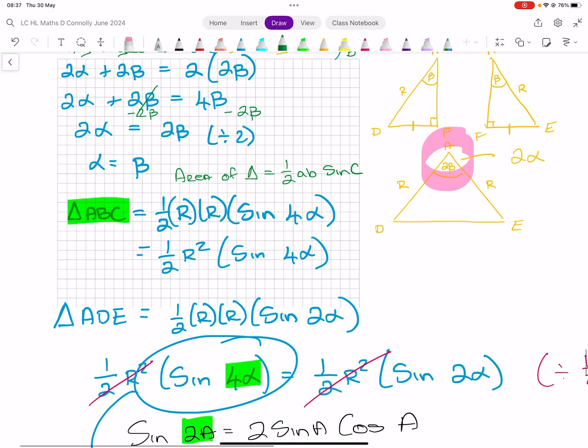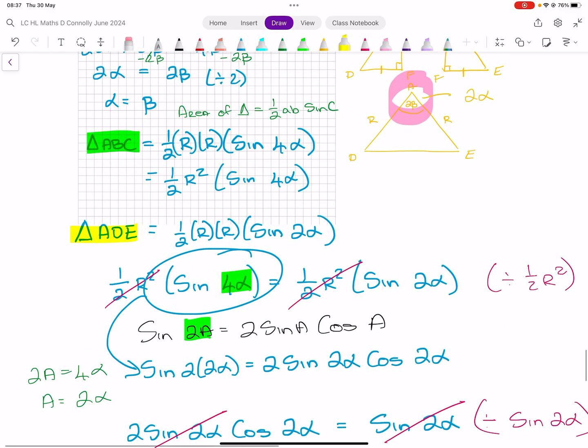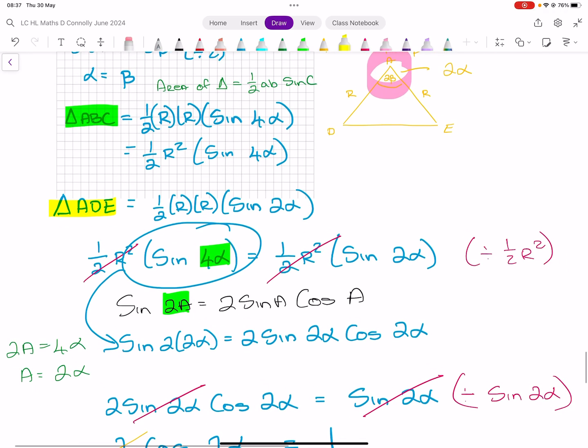And then I just simplified. And then same for the yellow triangle, a half r squared times the sine of 2 alpha. According to the question, they're equal to each other, so I equated them. They both have a half r squared, so I divided across by that. And then I have sine 4 alpha equals sine 2 alpha.